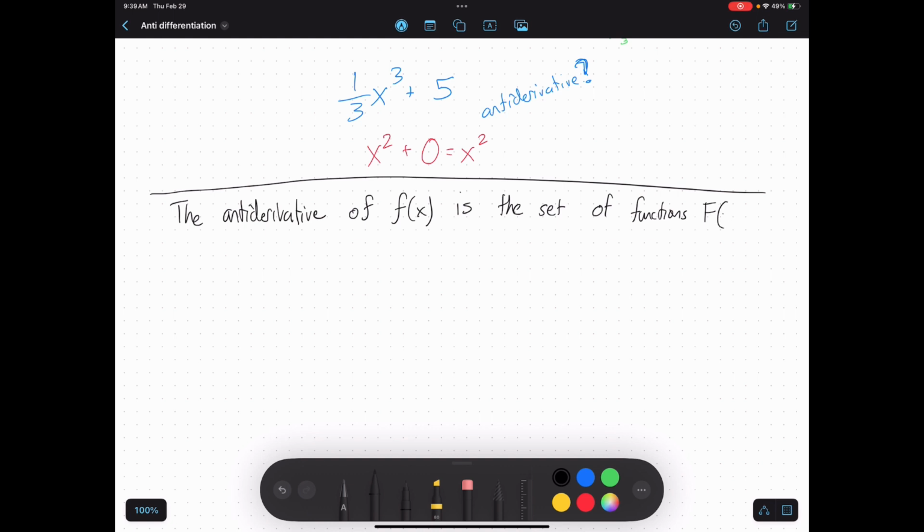And notice how I'm using capital F to represent the antiderivative. But I'm also going to put a plus c here. That plus c represents that I could put any constant there and it still counts as an antiderivative.